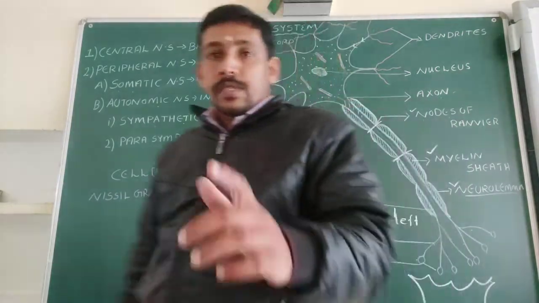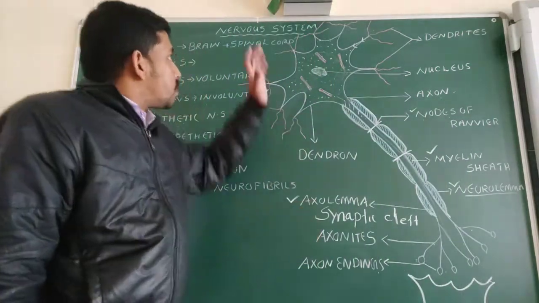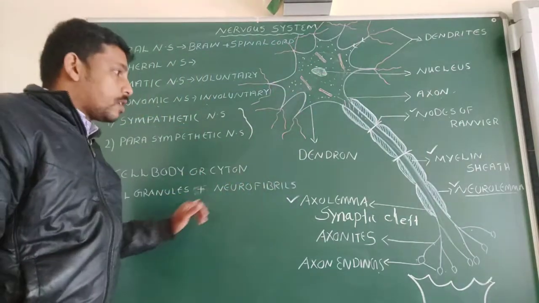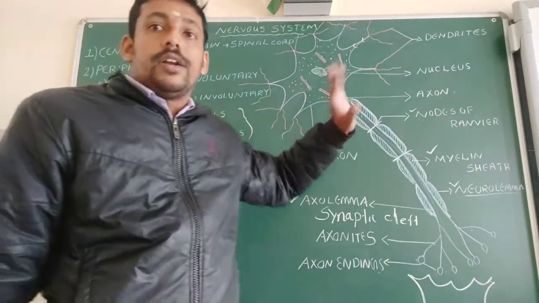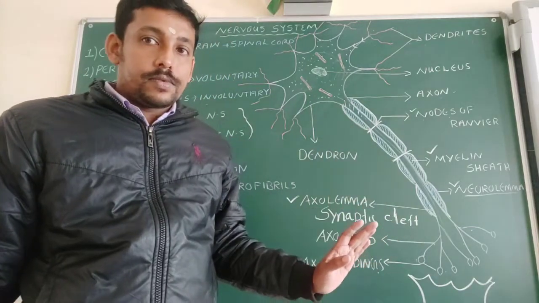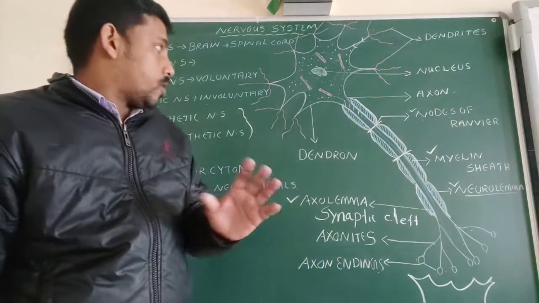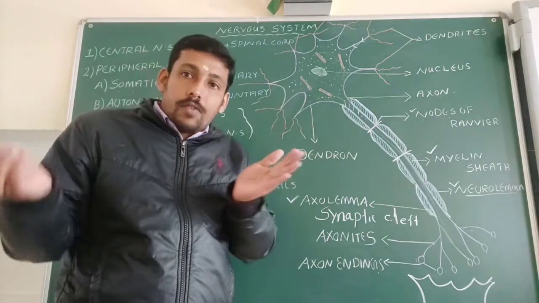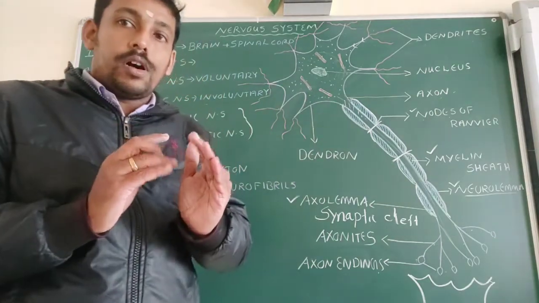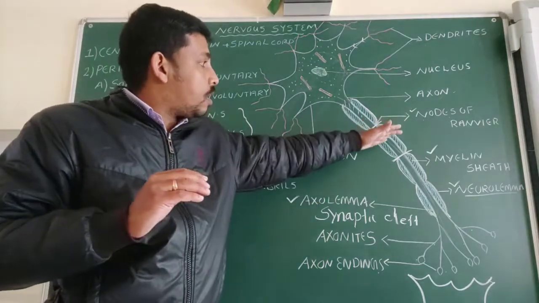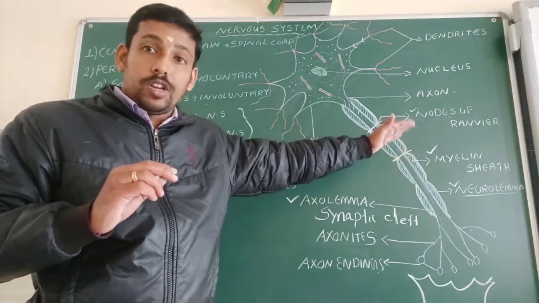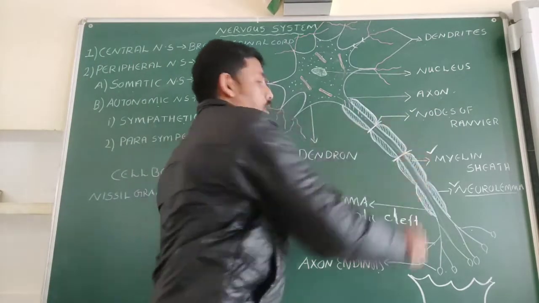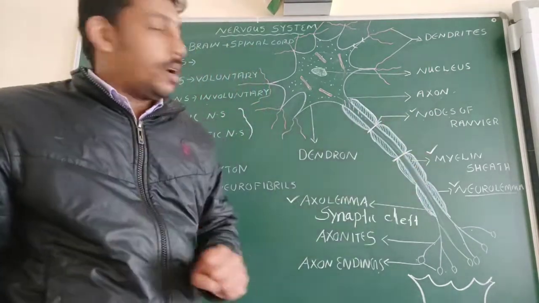Regarding the structure of the neuron, there is the cell body or cyton, the axon, and the dendrites. The axon is the longest projection, covered by three layers. The outermost white layer is the neurolemma.